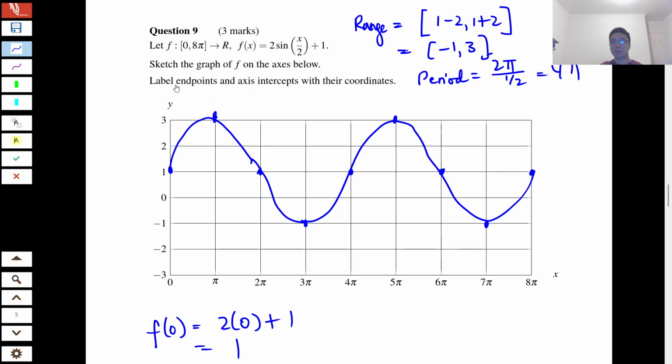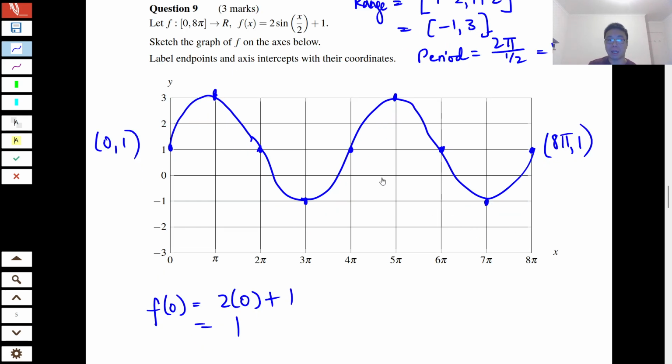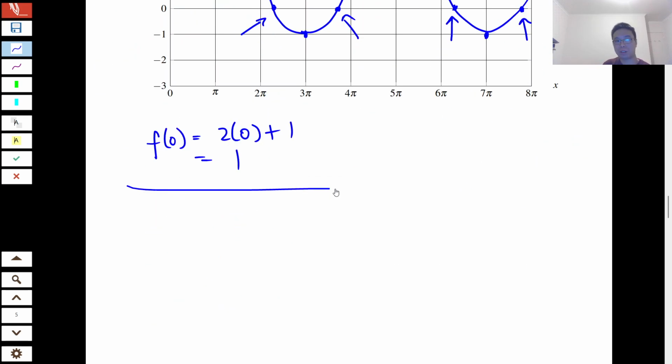Okay, we want endpoints labeled with their coordinates, and we want axis intercepts labeled with their coordinates as well. The axis intercepts are here, where y equals 0, so I'll need to label them. In doing so, I'll probably need to solve a trig equation. There's one here as well. Okay, so let 2 sine of x on 2 plus 1 equals 0.